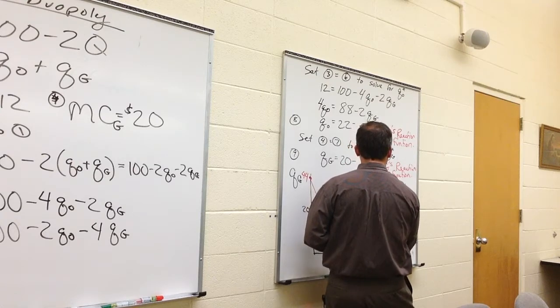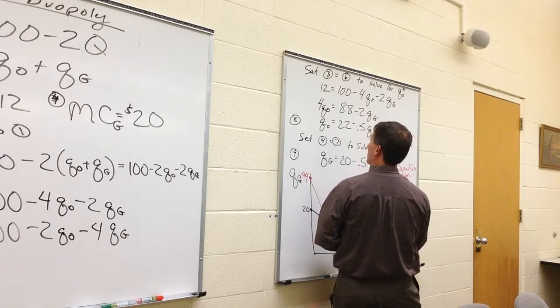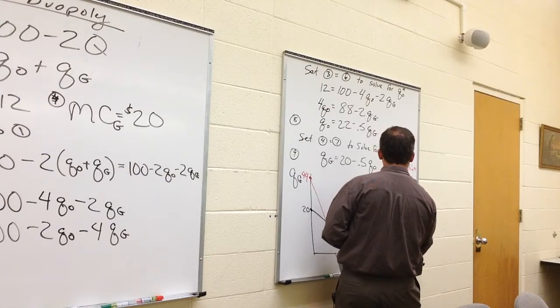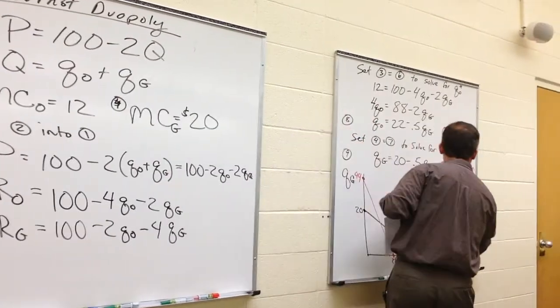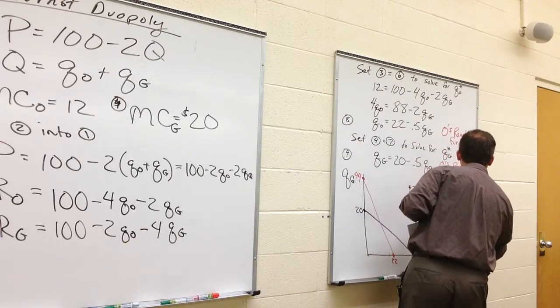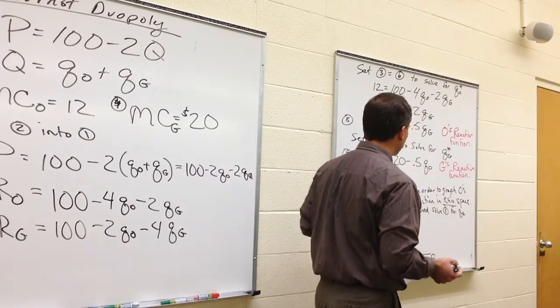So we need to solve equation 8 for QG to put it in slope-intercept form.